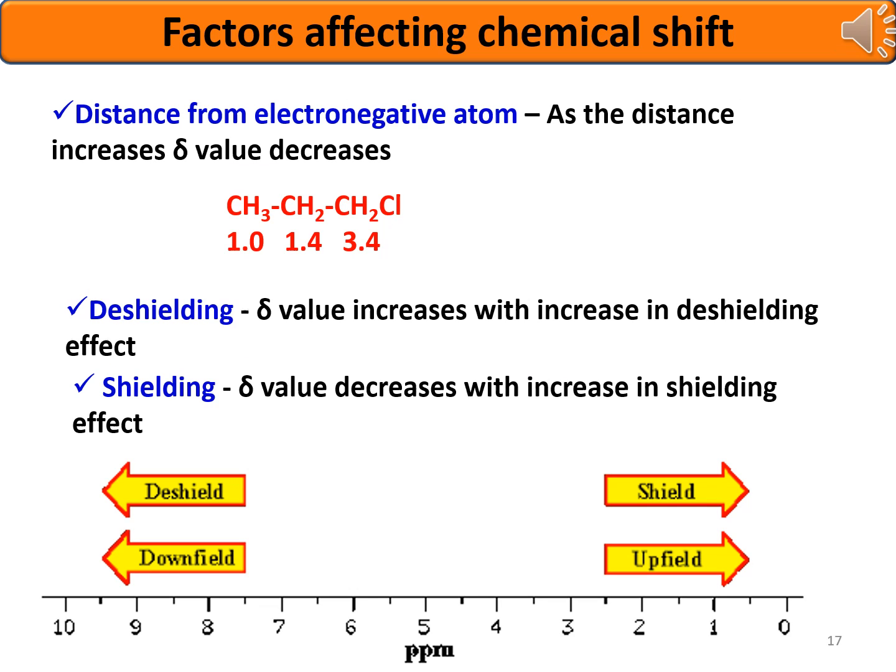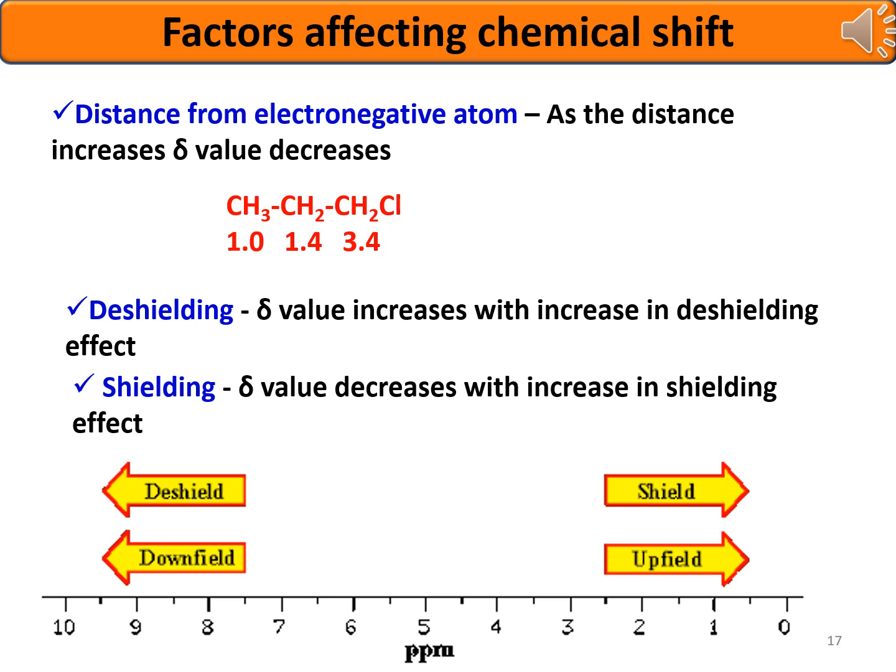Another factor affecting the chemical shift value is distance from the electronegative atom. When an electronegative atom is substituted in the hydrocarbon chain, the electron density around the proton decreases. So, the proton closer to the electronegative atom experiences maximum deshielding effect and hence shows a high delta value.